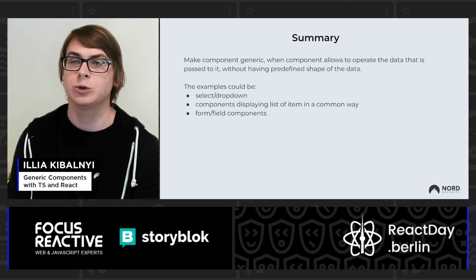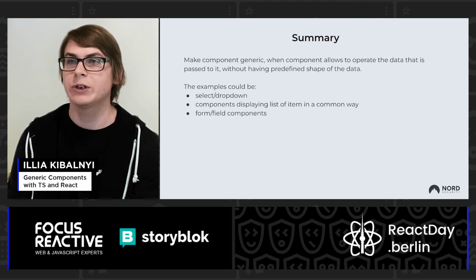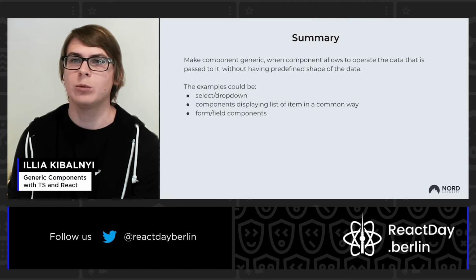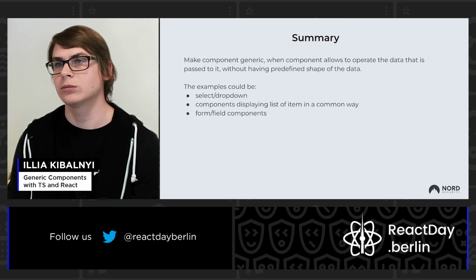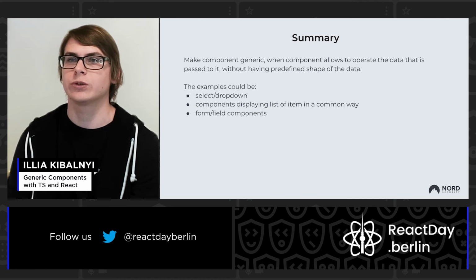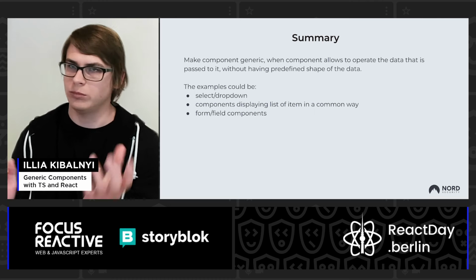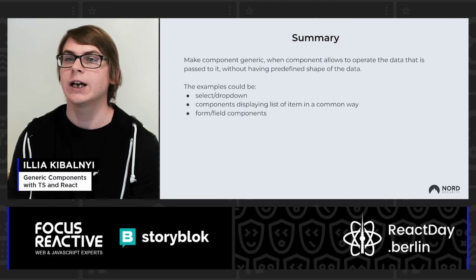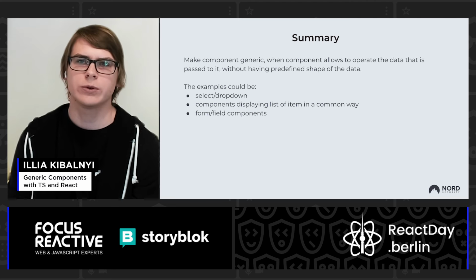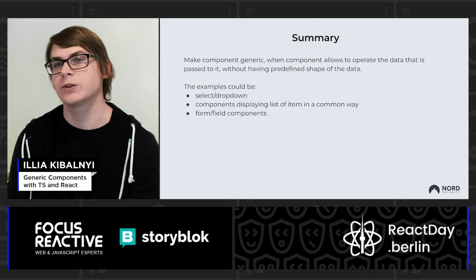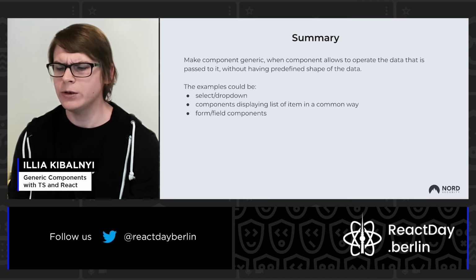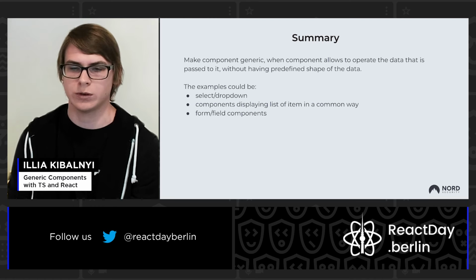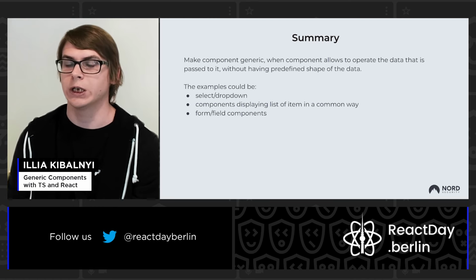Such examples could be a select, a dropdown, or components displaying a list of items in a common way, the shape of which is not predefined or can differ. You can also try it for form field components, and you can find a lot of them in various component libraries in general.